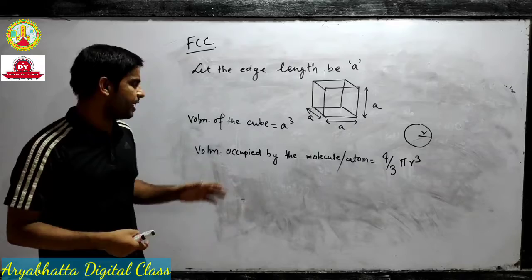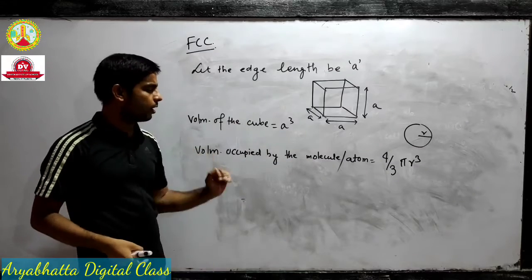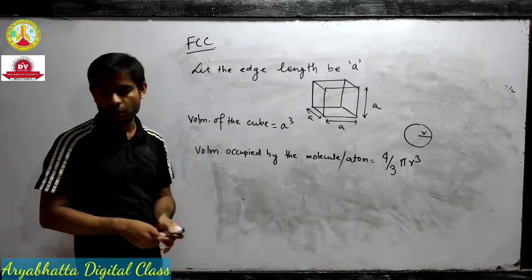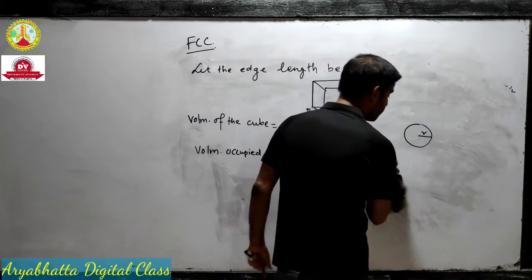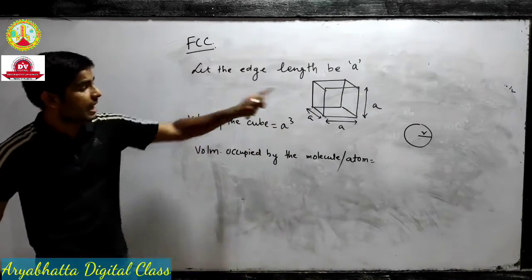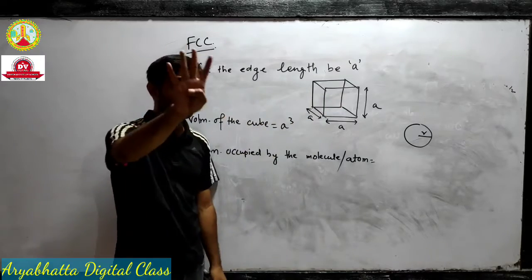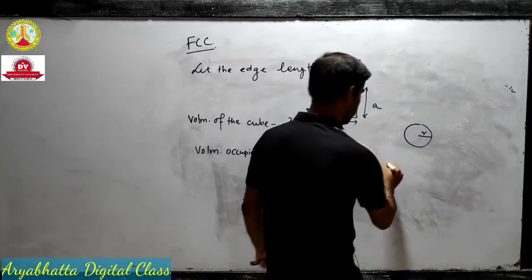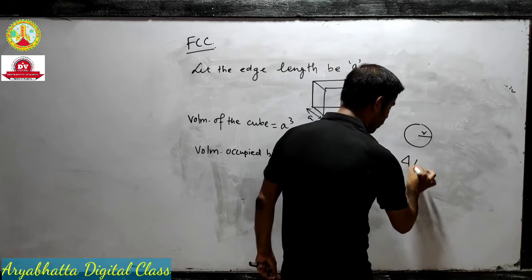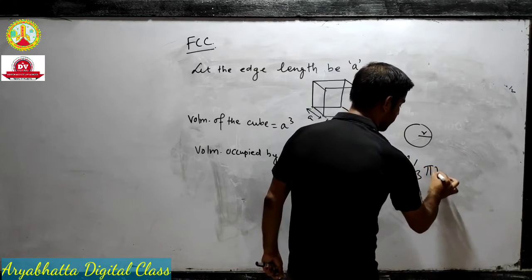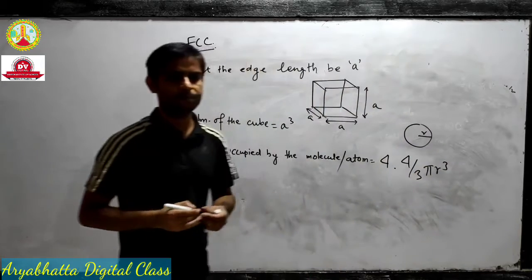Now since we are calculating the volume occupied by the molecules or atoms, how many atoms or molecules are there? In each FCC unit cell we have 4 atoms or molecules, and each atom or molecule has a volume of 4 by 3 pi r cube.